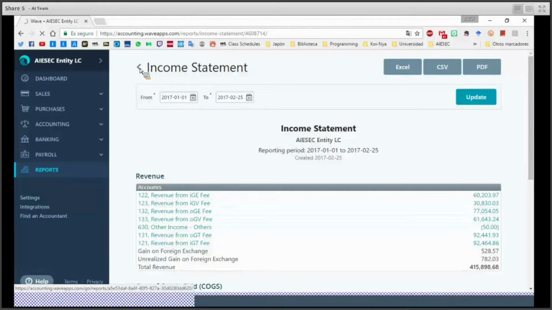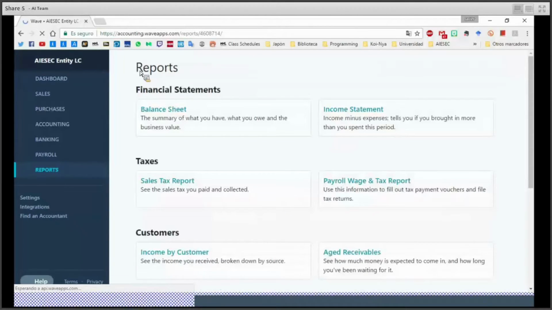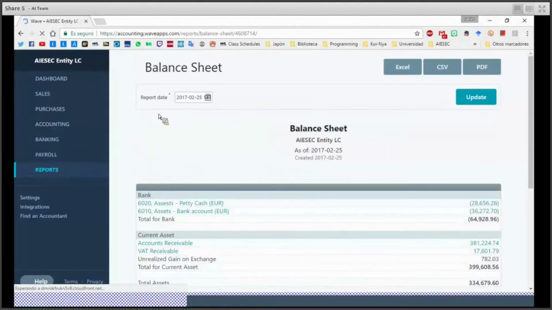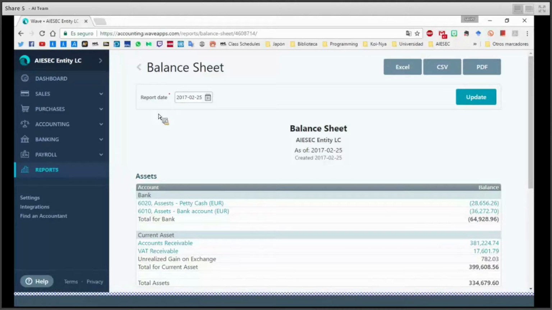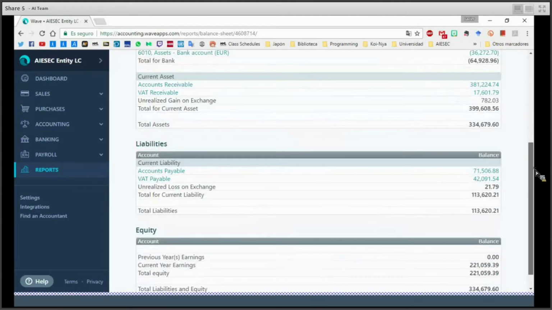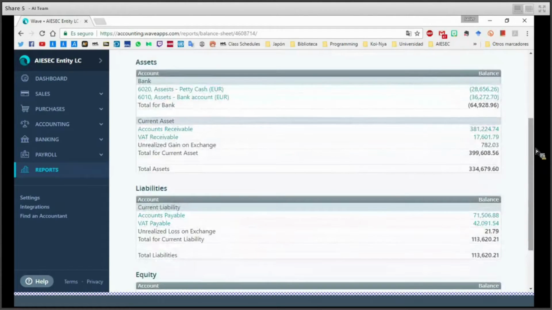Moving to the next document, we are going to see the balance sheet. As you can see in the balance sheet, the accounts are grouped into different parts, such as assets, liabilities, and equity. Starting with assets, we have 2 different sections, which are bank and current assets.